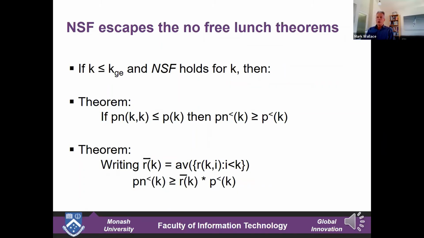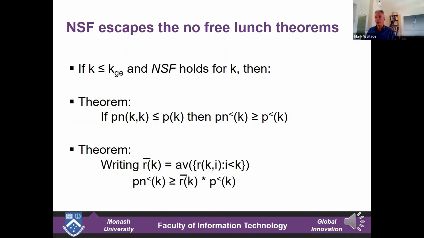We can say beyond that, in the case that all the neighbours of a point have exactly the same fitness as that point, we're not going to improve at all. But if the probability of staying at the same fitness is contained, so it's less than the probability in the search space as a whole, then we can also say that the probability of improving is guaranteed to be better than or equal to the probability of improving in the search space as a whole.